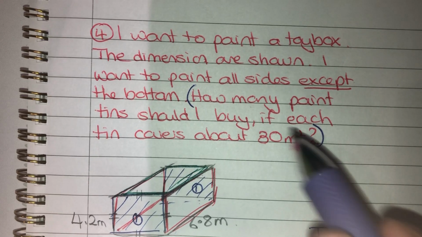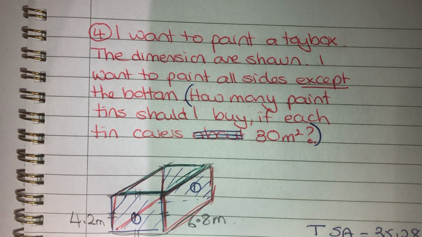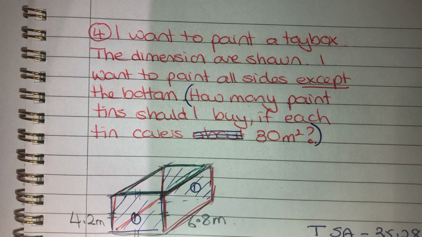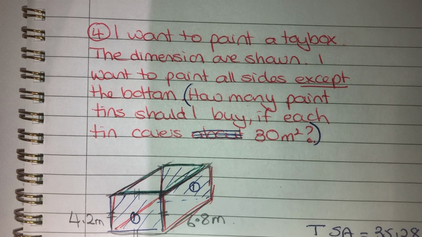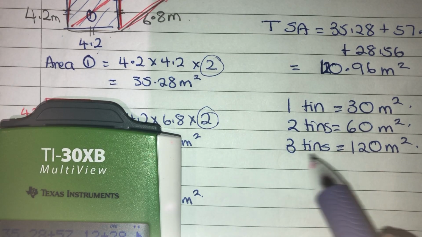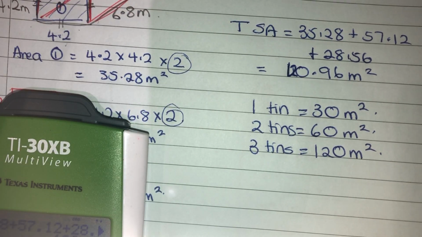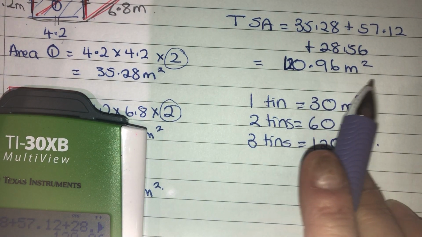I'm going to cross out about. I'm going to change this question. How many paint tins should I buy if each tin covers 30 meters squared? If I buy 3 tins, am I going to have enough? No, I'm not. Just by 0.96 meters squared.